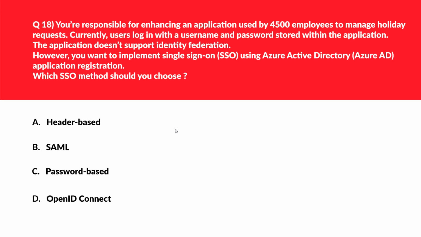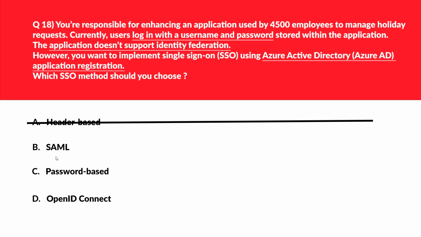Okay, this is a somewhat security-based quiz. We'll first look at option A. A says header based. Header based doesn't provide the necessary authentication and authorization mechanisms for single sign-on. Hence, incorrect choice. Let's move to option B. B says SAML. SAML requires an identity provider such as Azure AD, nowadays also known as Microsoft Entra.